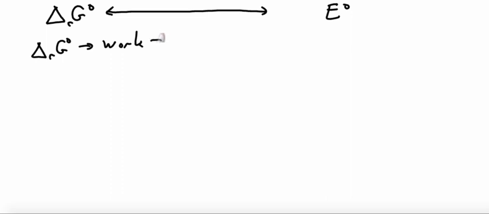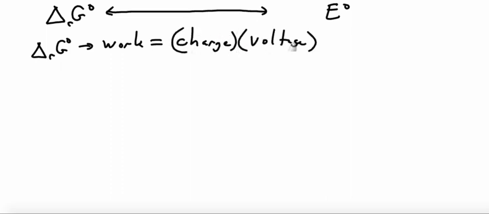Well, work is going to equal charge times voltage. And charge is going to be expressed in coulombs, which is symbol C, and voltage with the symbol volts. Okay? And a volt is defined as a joule per coulomb.